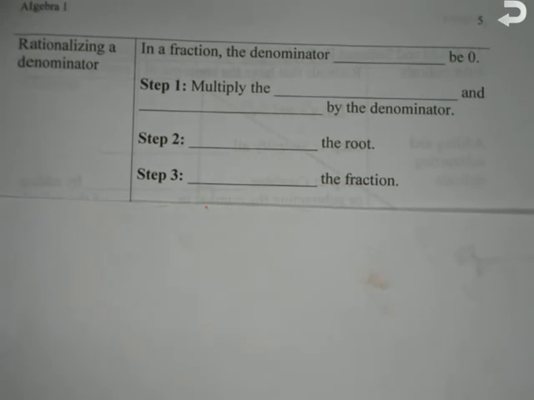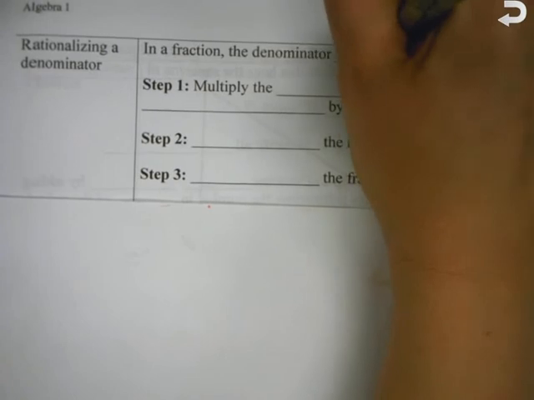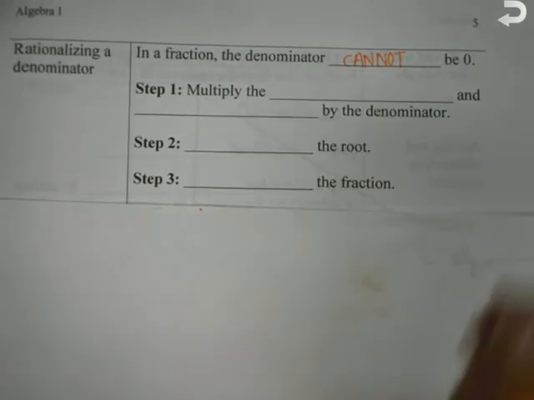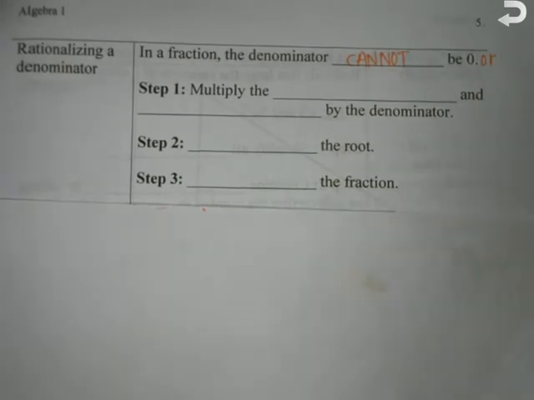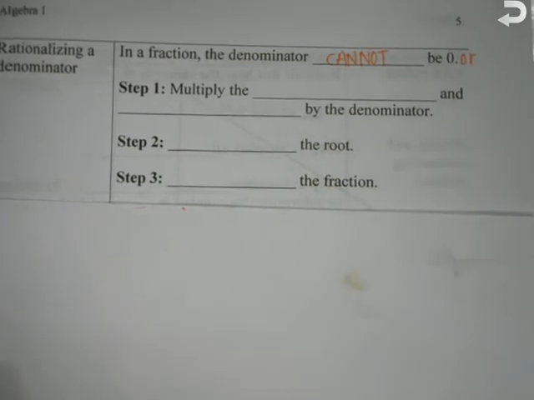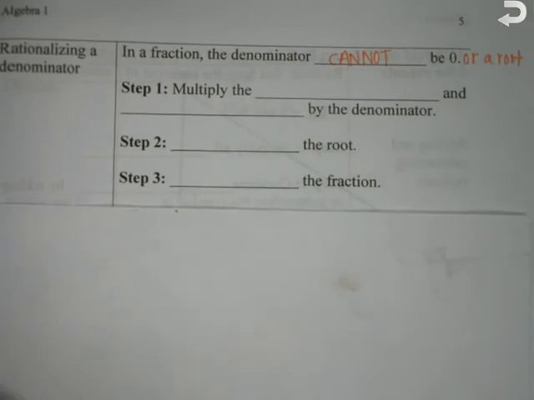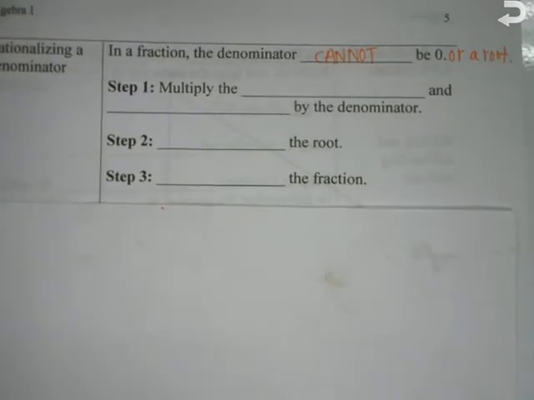So in a fraction, the denominator cannot be 0, or, and I forgot to add this on your notes, or a root. So now we have another big no-no for fractions. Remember, we could never have 0 in the denominator, and now we also know we cannot have a root in the denominator. So what we are going to do is called rationalizing.